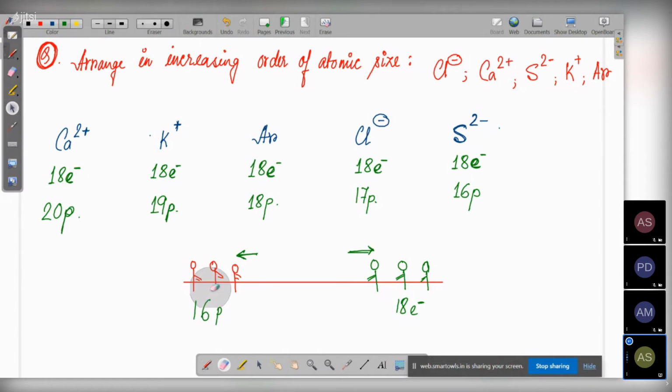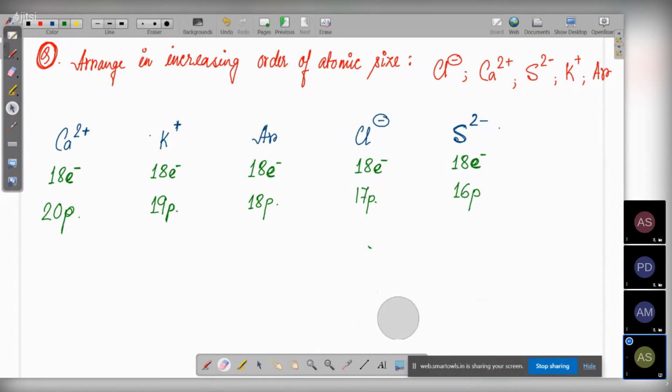So hence the increasing order of atomic size is going to be Ca2 plus less than K plus, less than argon, less than Cl minus, less than S2 minus.